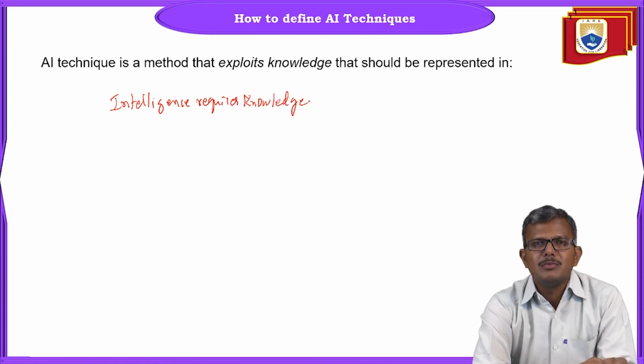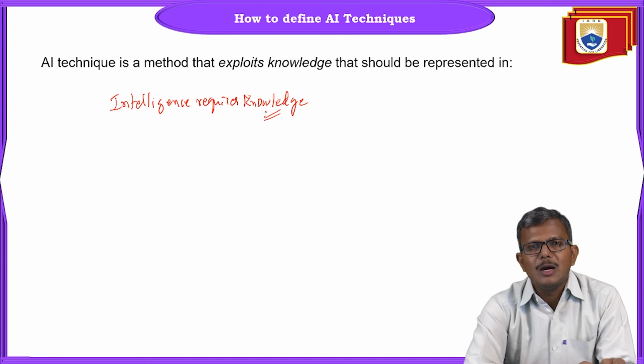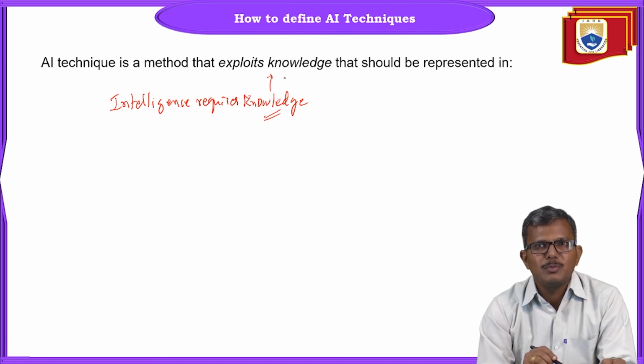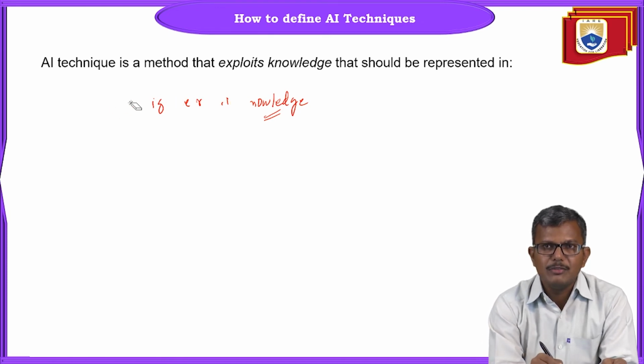Regularly we are talking about the same sentence. Intelligence requires knowledge. Until and unless you have the knowledge with you, you cannot apply it and solve your problems. So the main motto of this artificial intelligence technique is to exploit this knowledge itself. So how you are going to use this knowledge is also a very, very important point.